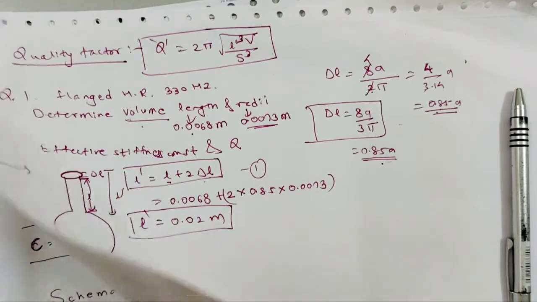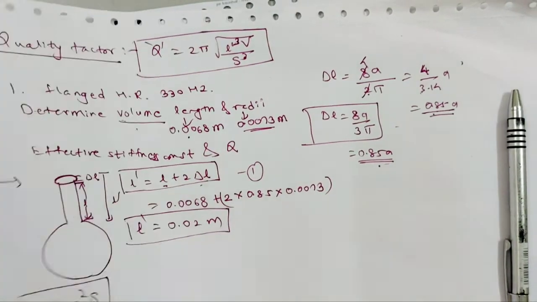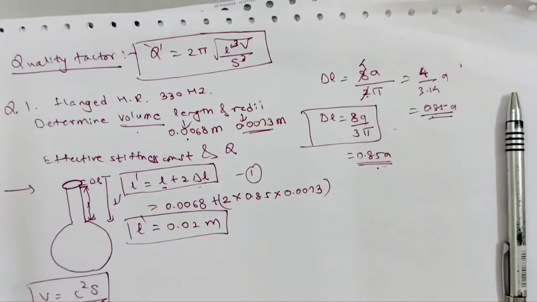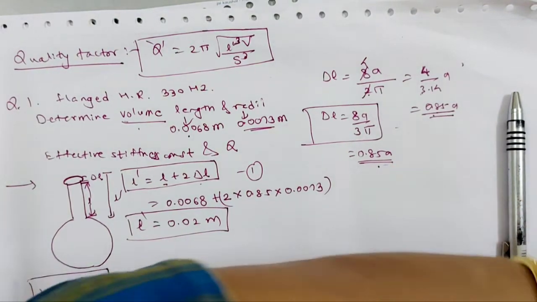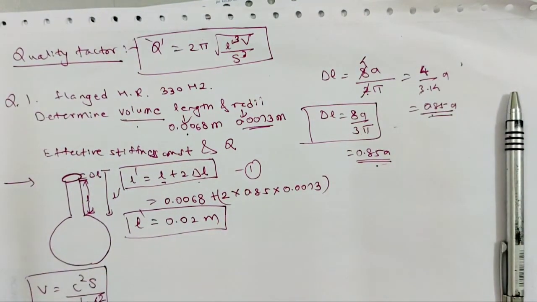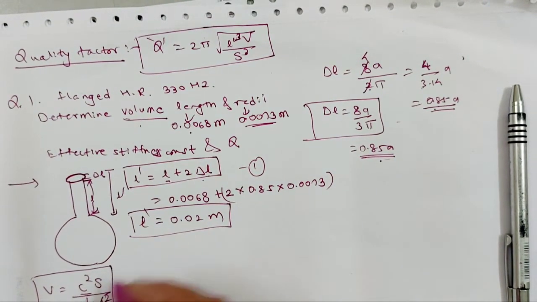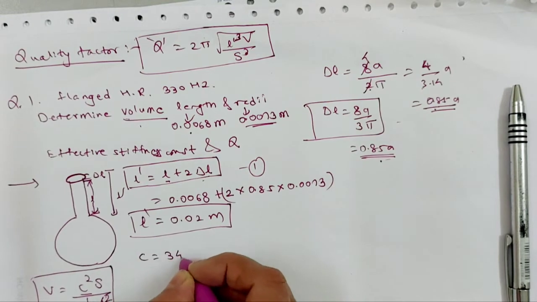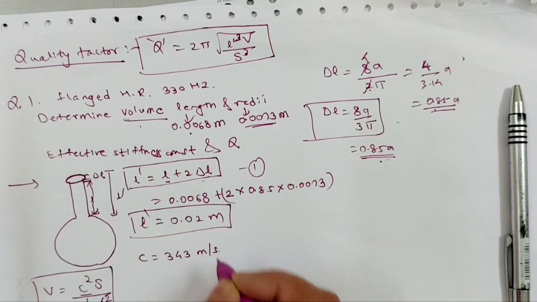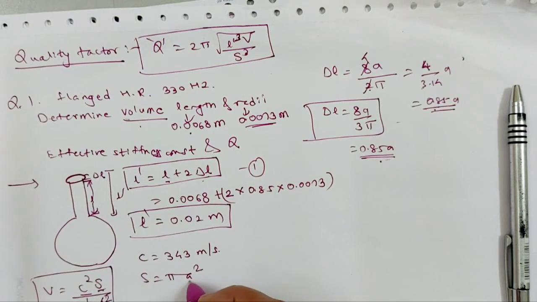Now, what will I do to get these values clearly? I will just check the given things. Okay. Now, do you know the value of c? Yes. How much is c? 343 meters per second. Okay. How much is S? S is πa². Do you know a? Yes.